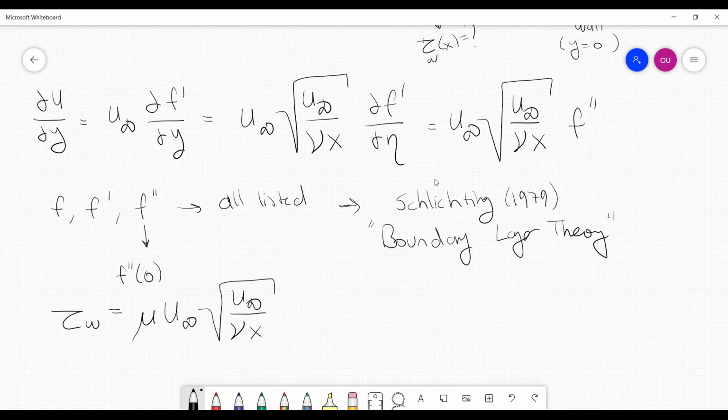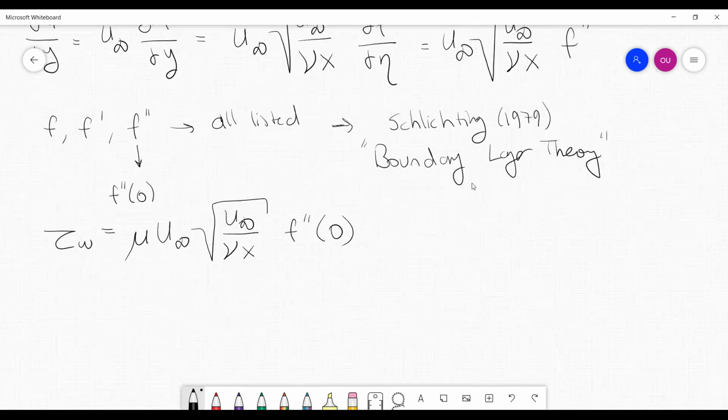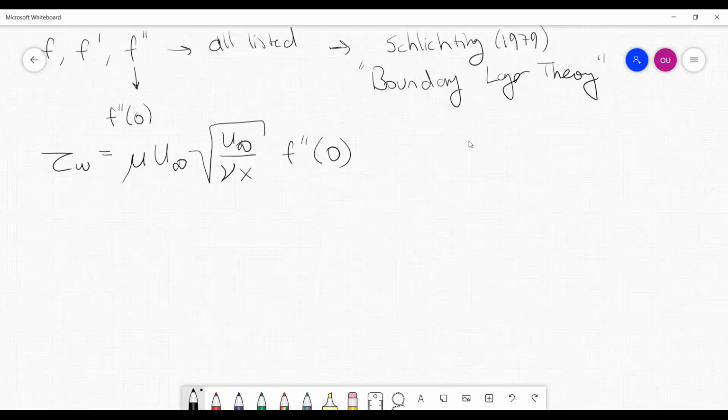So here comes the x dependence, times the second derivative of f evaluated at 0, which comes from the listed table. For a Blasius boundary layer, this specific boundary layer that we have been discussing in the first hour of this class, the wall shear stress distribution within that boundary layer can be obtained from this function.